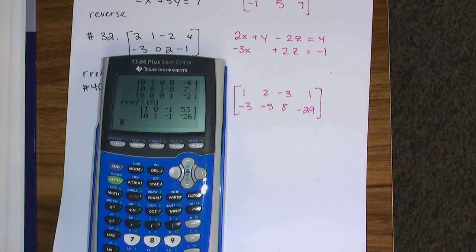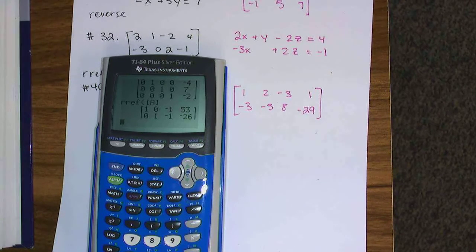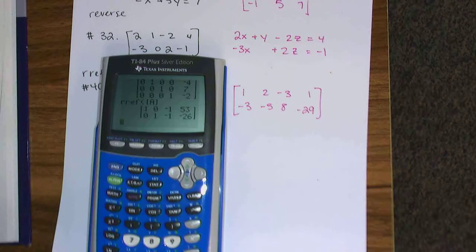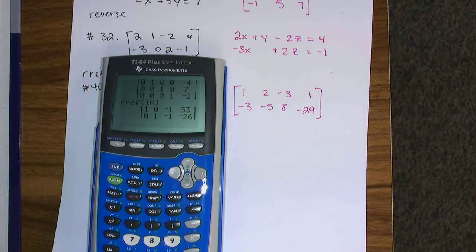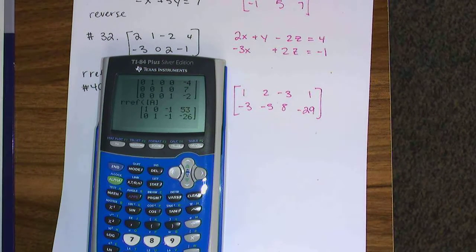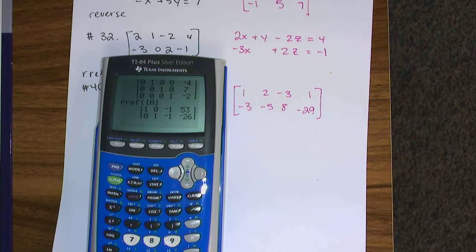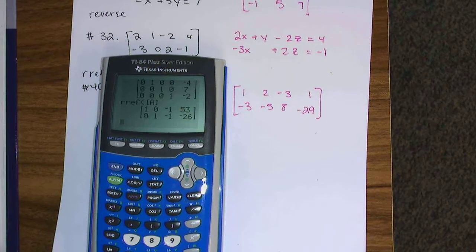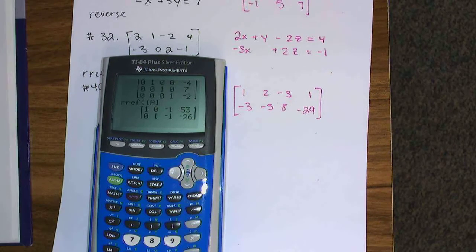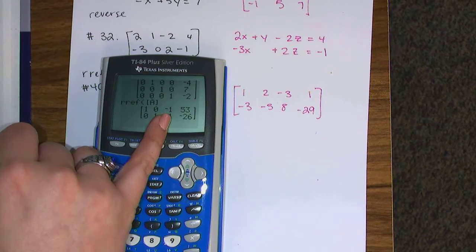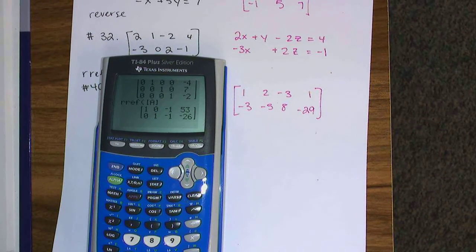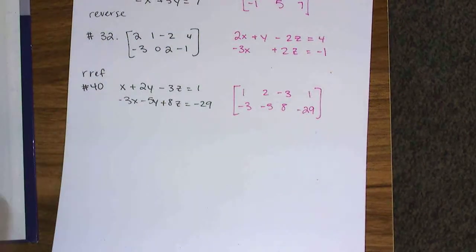So when we go to rewrite it, I'm going to write down this matrix. Because of how this is written, we have to write things in terms of z. So we write this matrix down here that we just got.